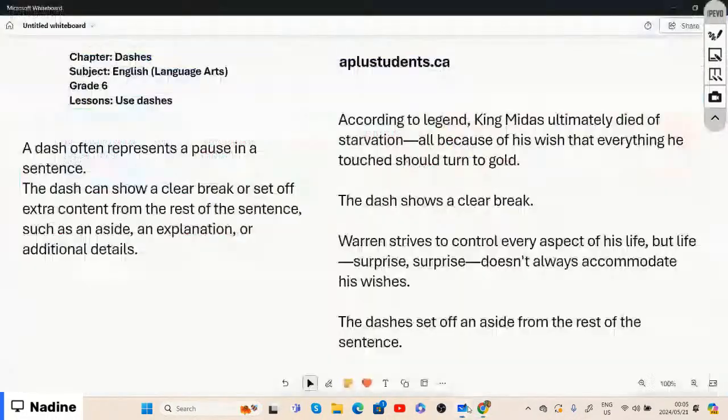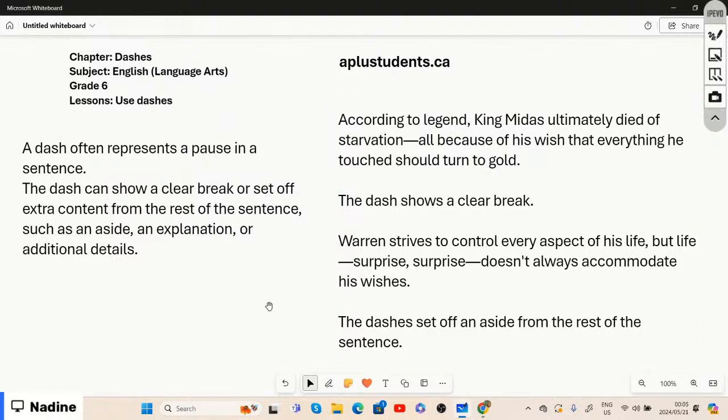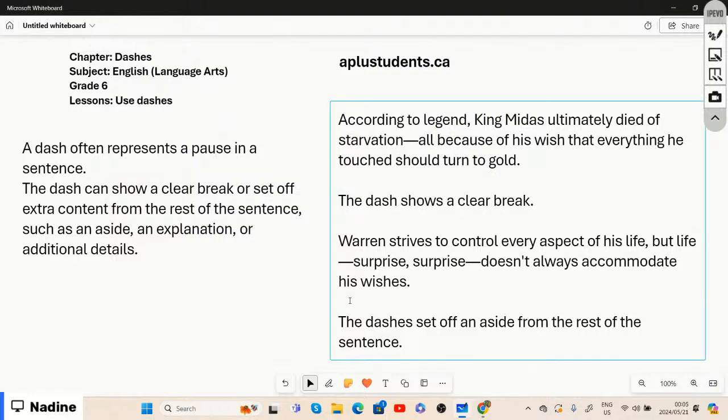All right. So our chapter is dashes. Our subject is English language arts, grade 6. And the lesson that we're going to be focusing on today is to use dashes.